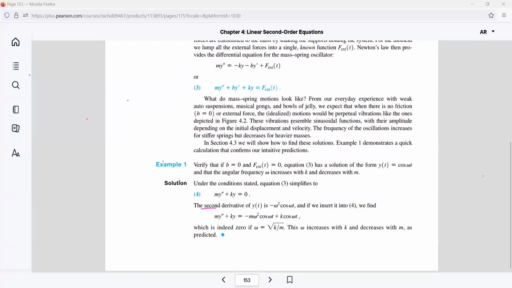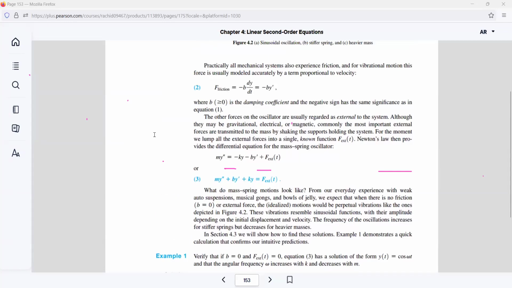Now let's verify: if we take the equation with B equal to 0 and the external forces equal to 0, let's look at equation 3 and see whether the solution is in this form.